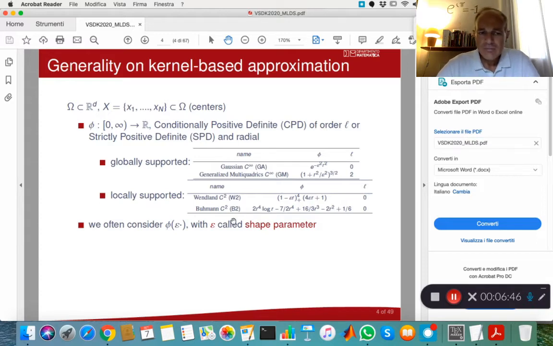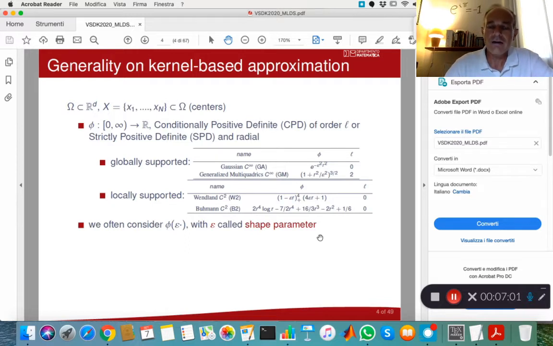But there are many other examples of locally supported functions, like the Wu function, the Gneiting function, and many others that you can build yourself. In the literature there are thousands of radial basis functions that one can construct.